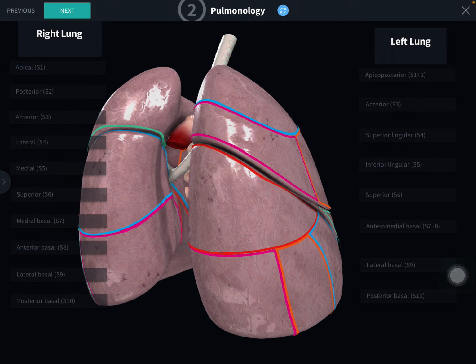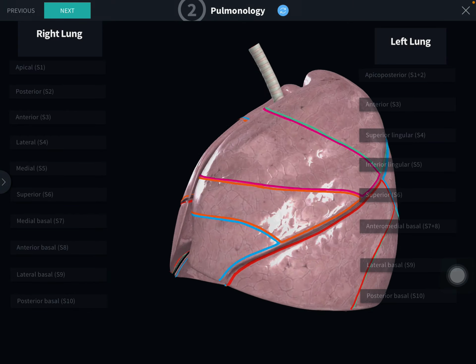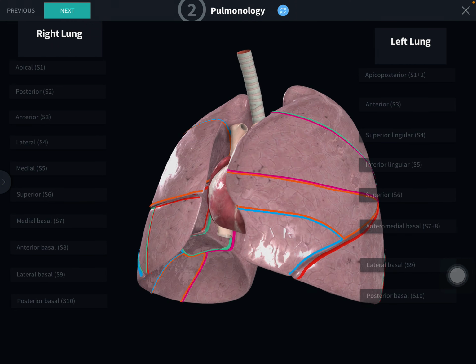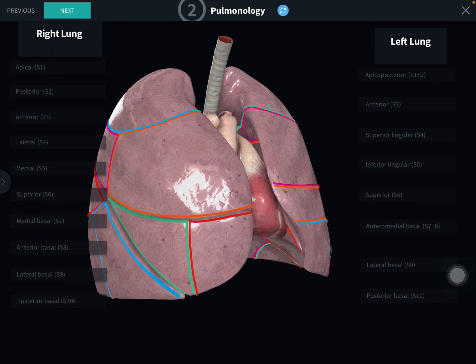The branches of the pulmonary artery also follow the tertiary bronchi and are segmental in distribution, while the tributaries of pulmonary veins run in the intersegmental plane, so they are intersegmental in drainage.